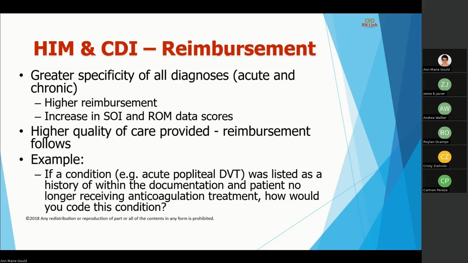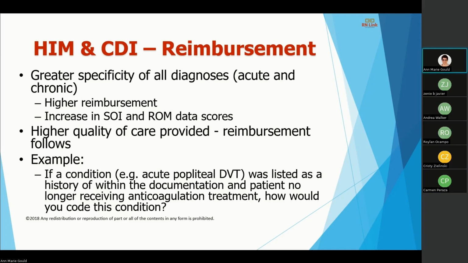Zenny or Carmen, do you have a guess? If they're not receiving treatment, then we wouldn't code it. However, you would send a query to clarify it, correct? Yes, that is correct.